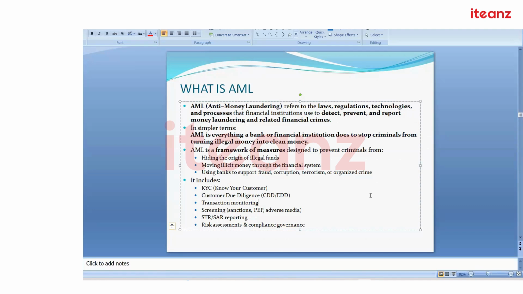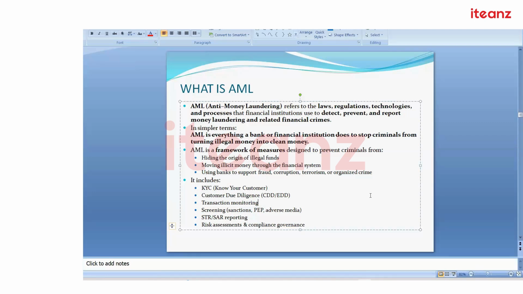Both are different. If they find something suspicious in a transaction, they mark a suspicious transaction report. But if the customer has done multiple transactions, that will come as activity.